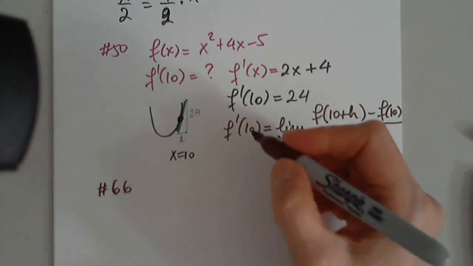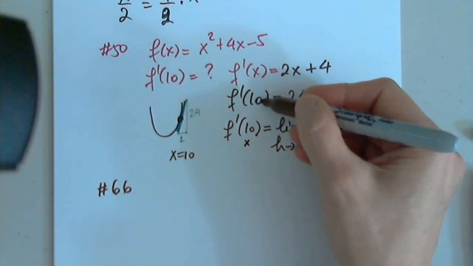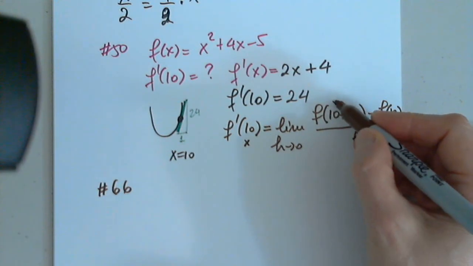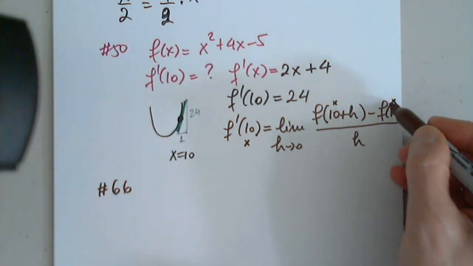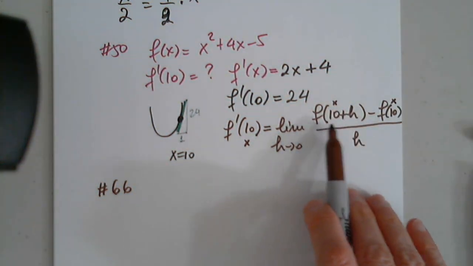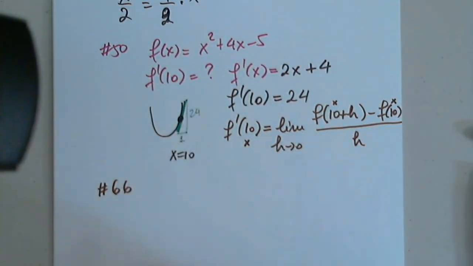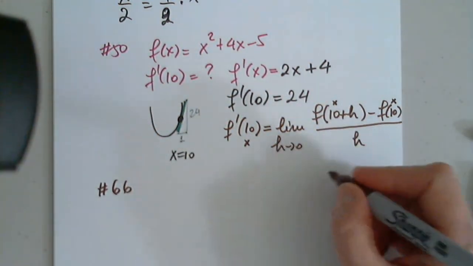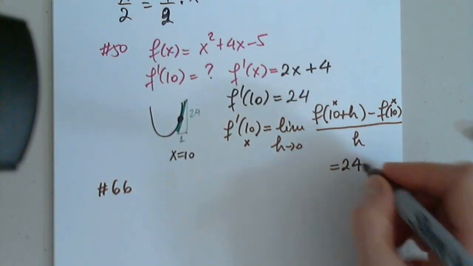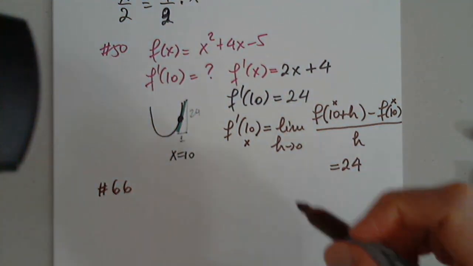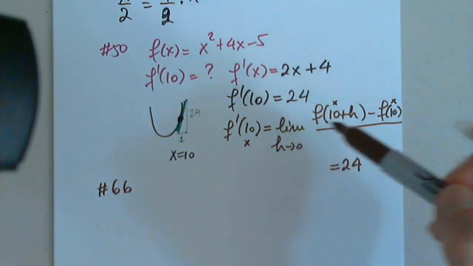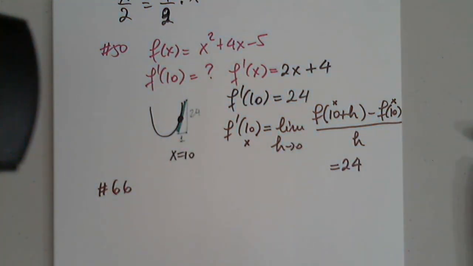Exactly. So it should have been f of x plus h minus f of x, but specifically I'm told x is 10. So when I calculate this limit, the answer must be 24. But we no longer need this because now we have differentiation rules. We made our life much easier now.